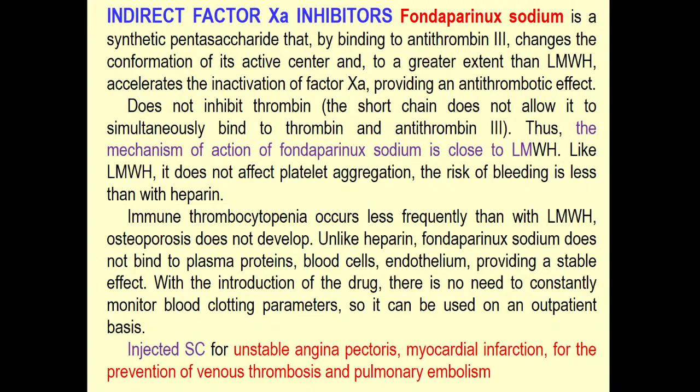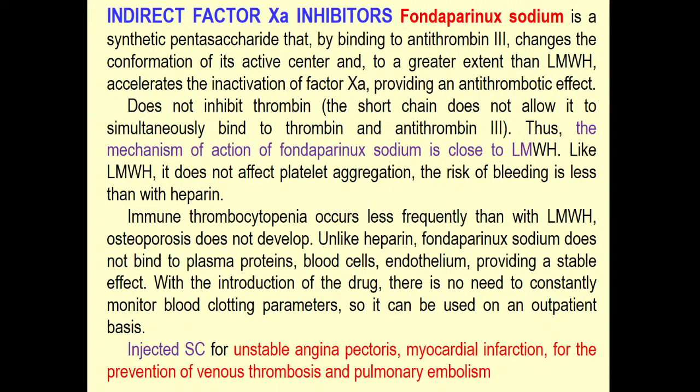Unlike heparin, fondaparinux sodium does not bind to plasma proteins, blood cells, endothelium, providing a stable effect. With the introduction of the drug, there is no need to constantly monitor blood clotting parameters, so it can be used on an outpatient basis.